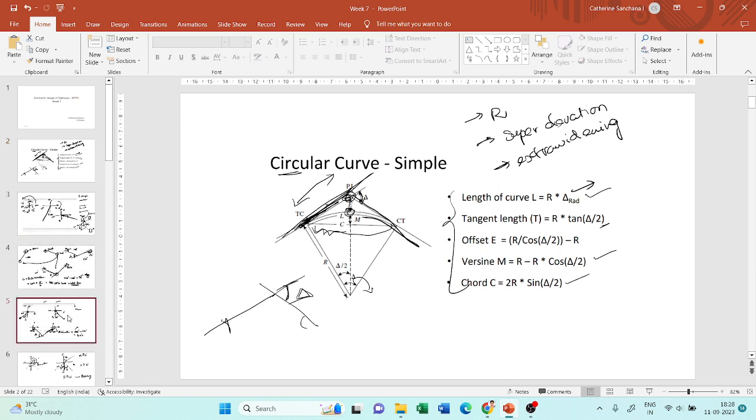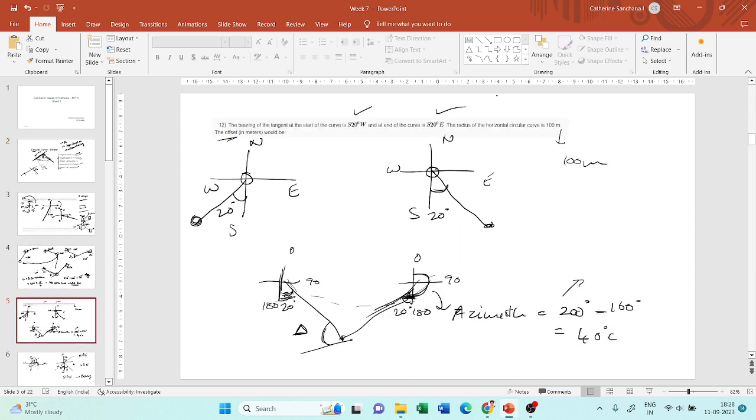If you substitute 40 degrees in cos delta by 2, you can substitute it as degrees. Whereas if you substitute delta without any cos, sine or tan term, without any trigonometric measures, you have to substitute in terms of radians.